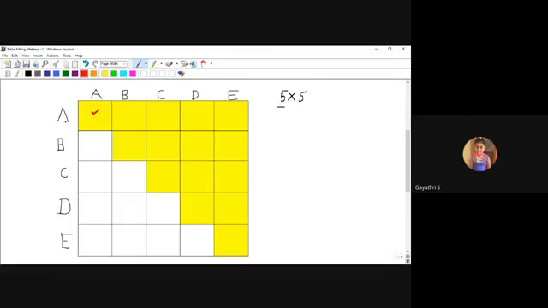Okay, see here, next pair A and B. A and B is shaded in yellow color, right?